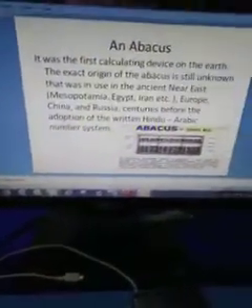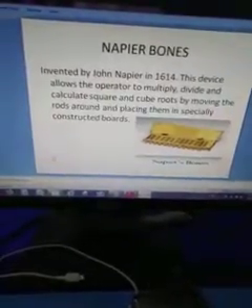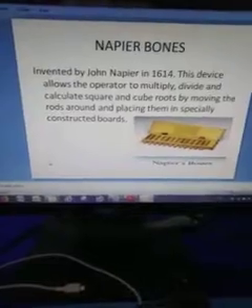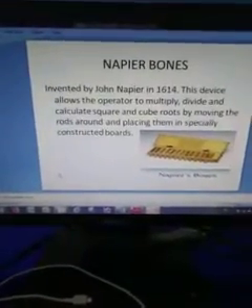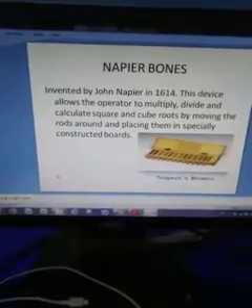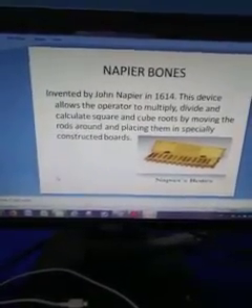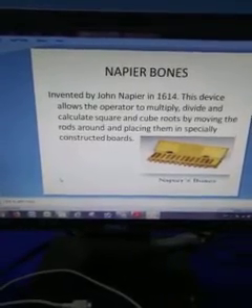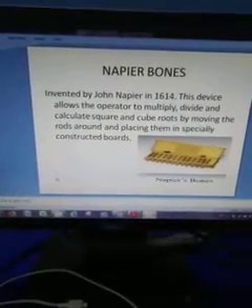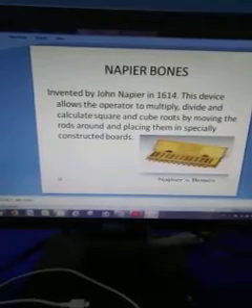After the abacus, Sir John Napier in 1614 invented another device known as Napier's bones. Napier's bones were made from the bones of animals or from wooden pieces.